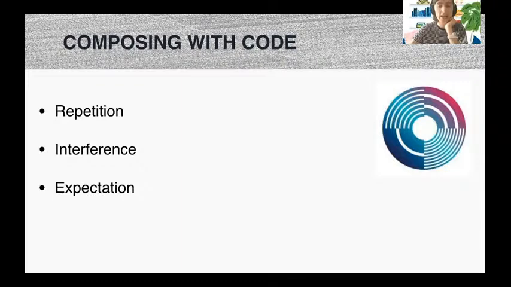Expectation is really interesting because we have this idea of repetition and interference, but we want to make something really interesting to listen to, and that's what most music is trying to do. To do that, we can play with people's expectations. When you're repeating patterns over and over, you build up an image in their minds of how things should sound.